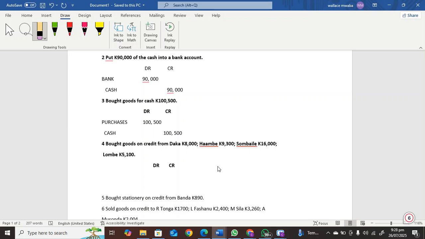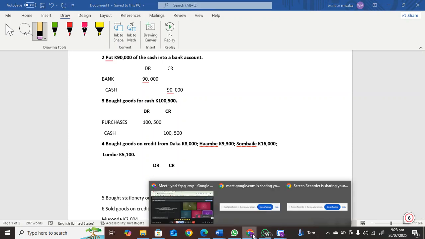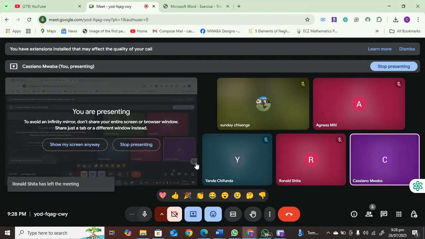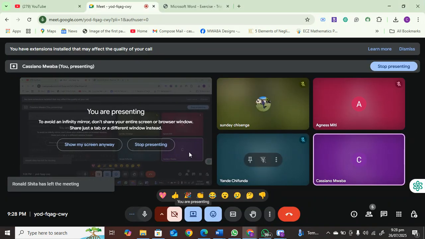Yes. So here we're buying goods on credit from somebody. That's the transaction. What accounts are going to be involved? We're buying goods on credit.